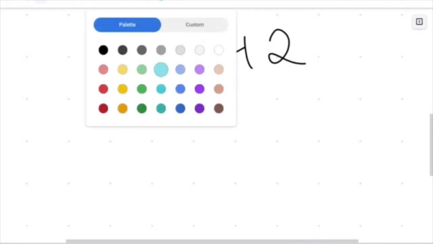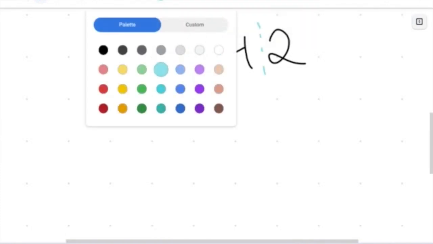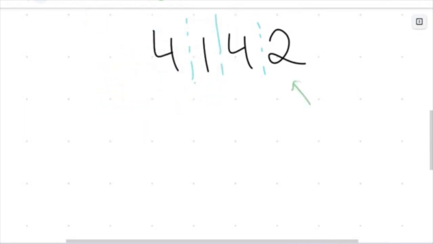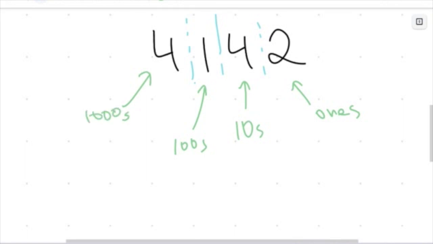Now let's look at this a little more closely and see how we'd actually round numbers. I talked before about how any number, for example 4,142, can be split up into various columns. If you remember, we had our ones, our tens, our hundreds column, and here we have a thousands column.